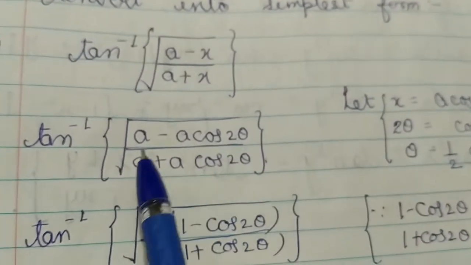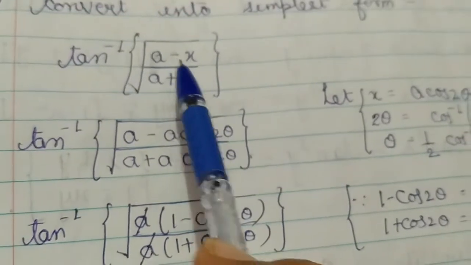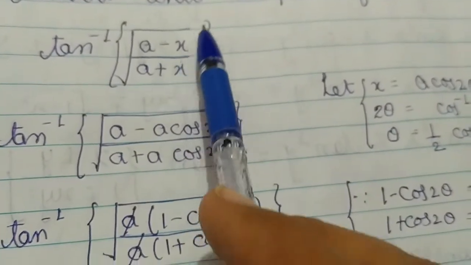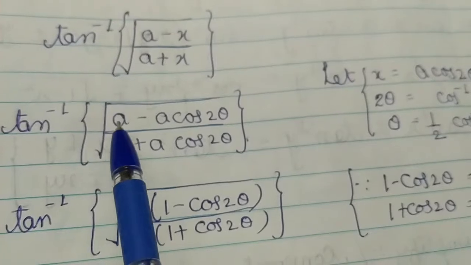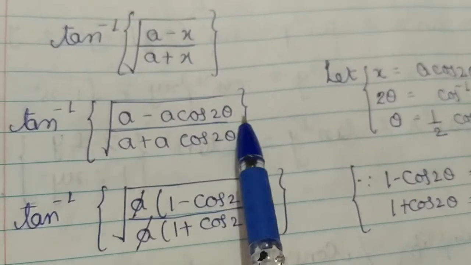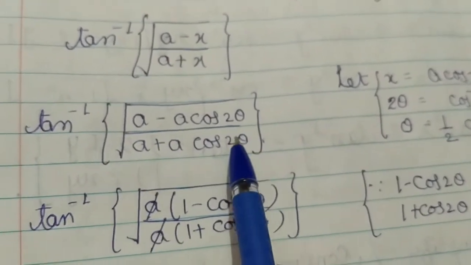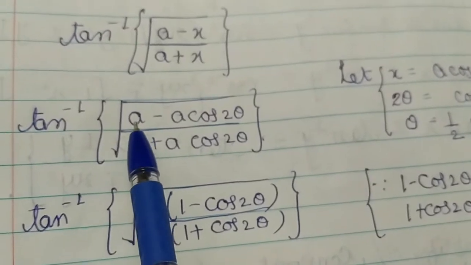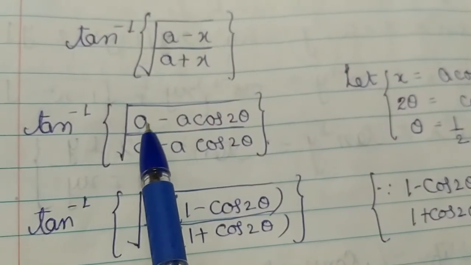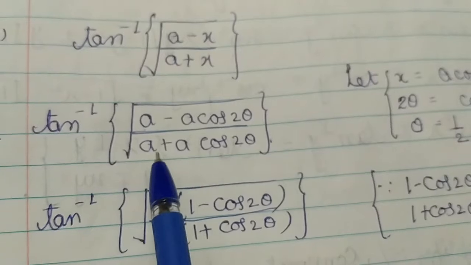See how? When we apply x equals a cos 2 theta, this term becomes root of (a minus a cos 2 theta) upon (a plus a cos 2 theta). We can take out a as a common term from both numerator and denominator.